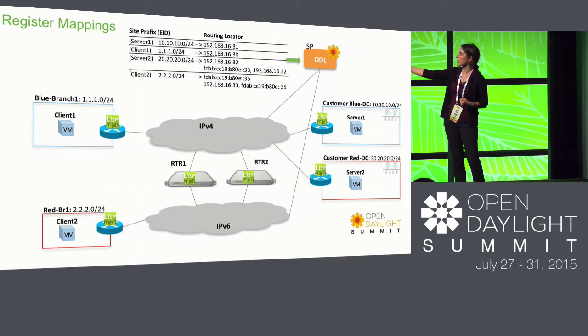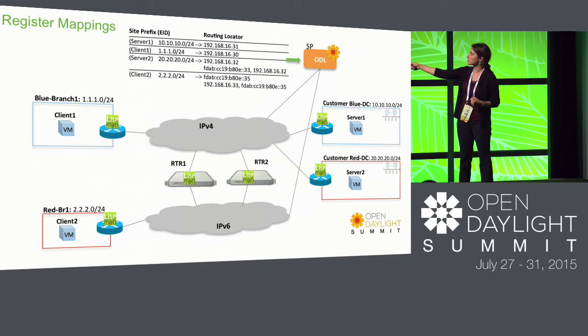And then we have the second locator, which is a traffic engineering policy in a sense that it has two hops. The first hop is an IPv6 hop, which is the routing locator of the RTR here, and then the IPv4 address of the site itself.